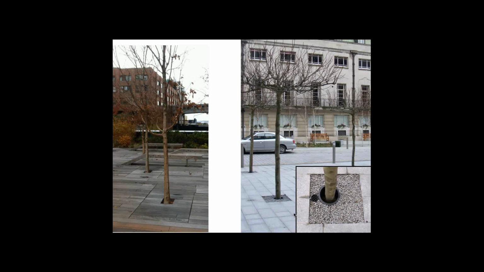So I've seen some really ridiculous ideas about how we can put things around trees, and I just don't know where we are at as designers to create images like this.